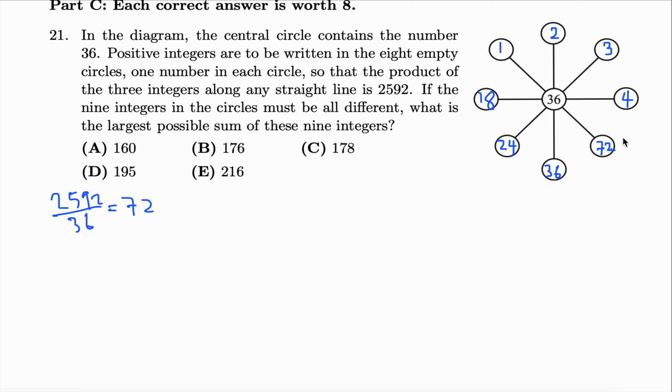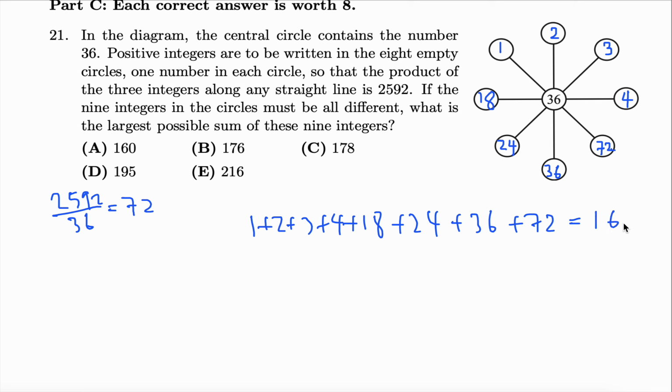And so let's calculate the sum. For the sake of time, I'm just gonna plug into my calculator. 1 plus 2 plus 3 plus 4 plus 72 plus 36 plus 24 plus 18 will give me 160.